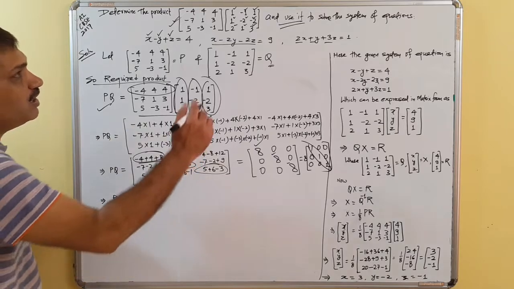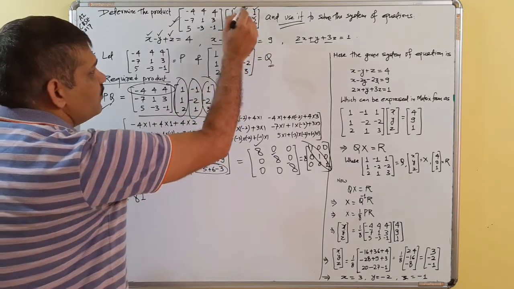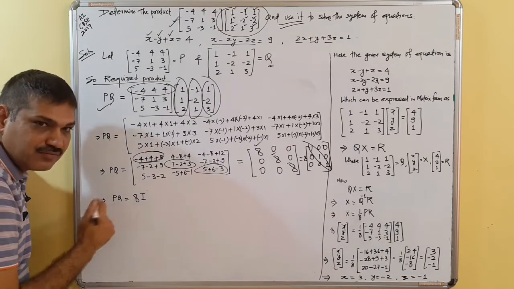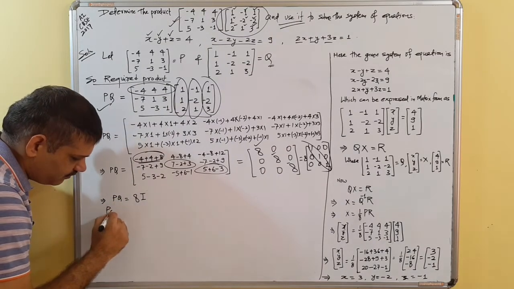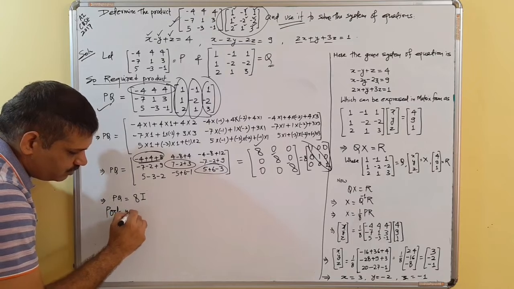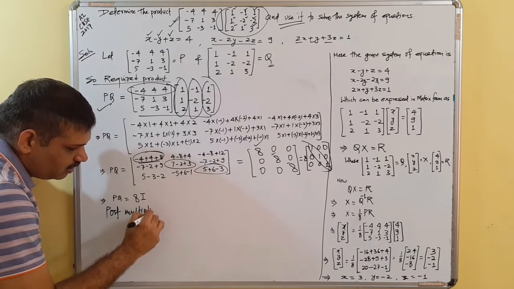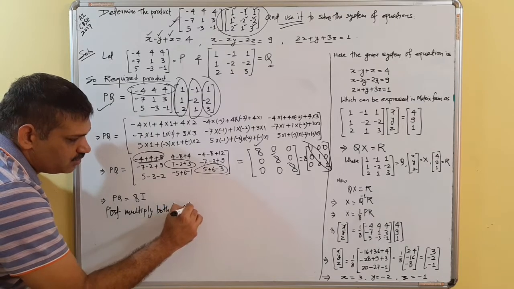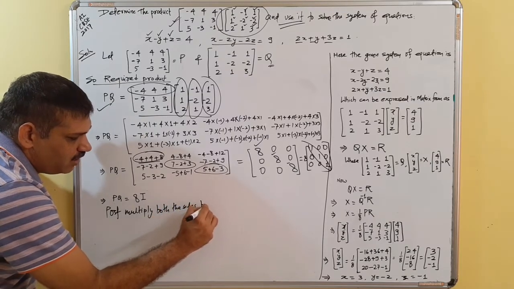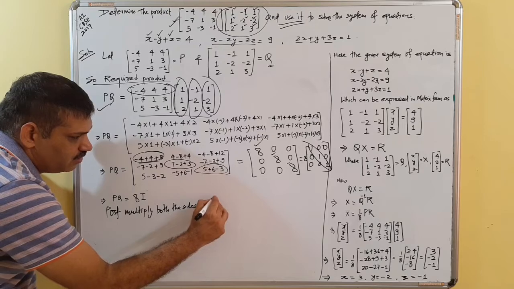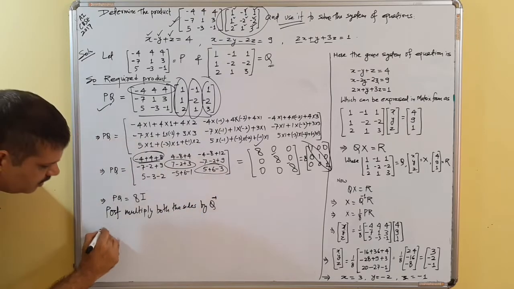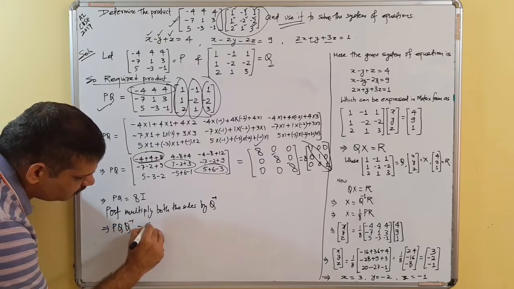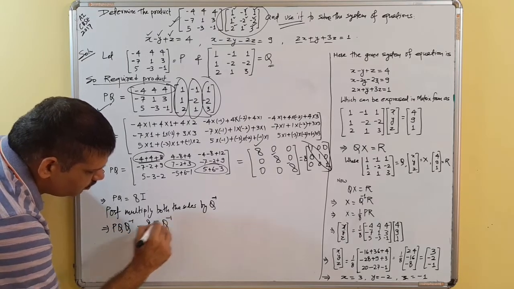Now we actually need the inverse of Q. So we eliminate Q from here. We post multiply both the sides by Q inverse, so that we can get Q inverse. So it gives us PQ Q inverse is equal to 8I Q inverse.